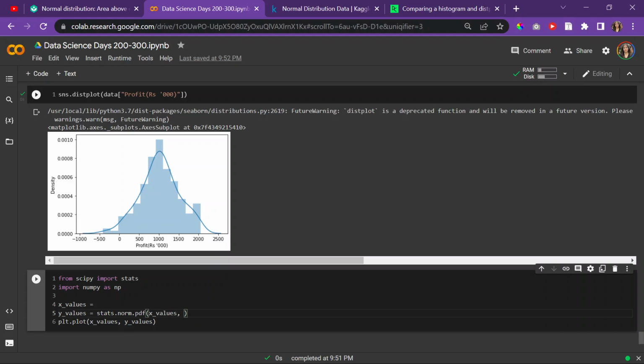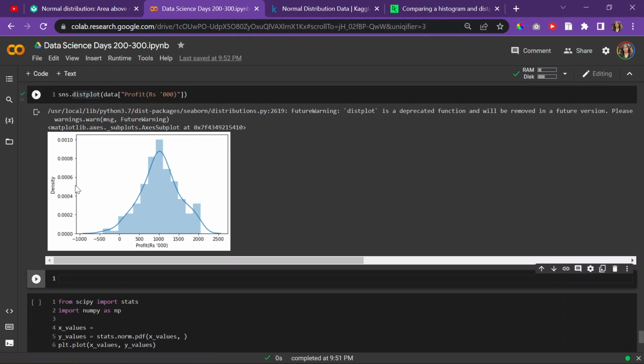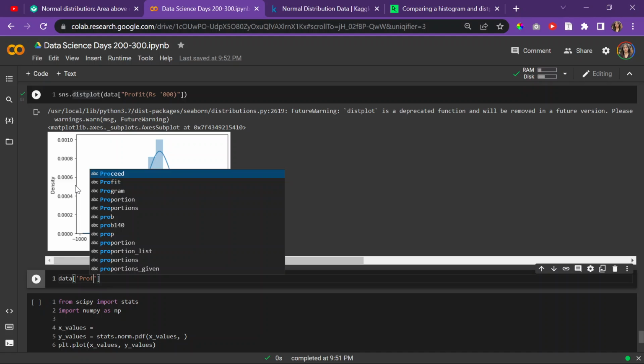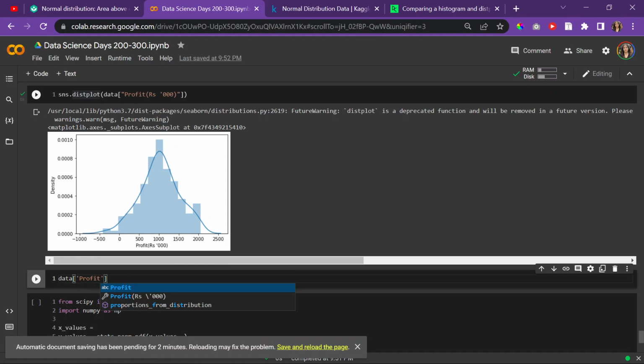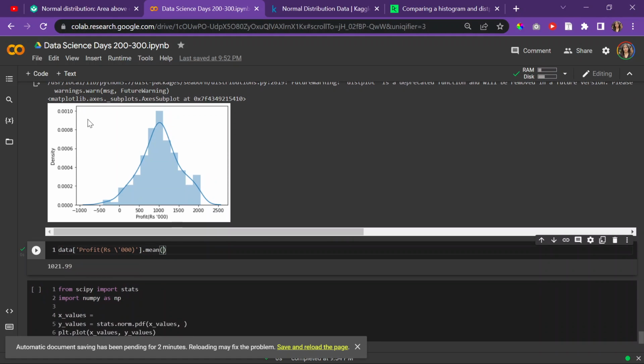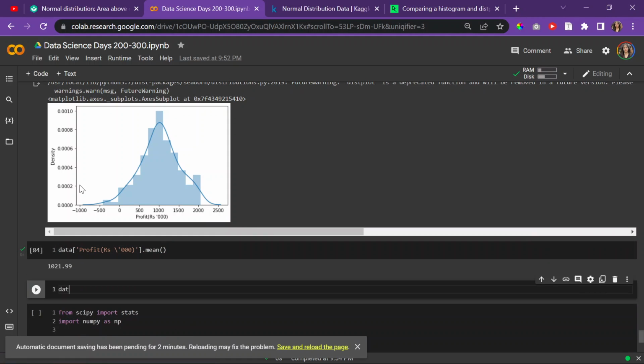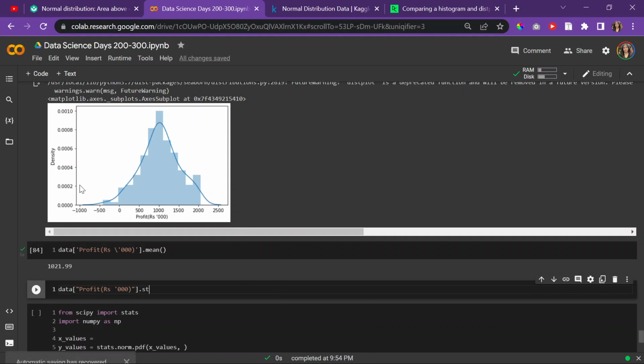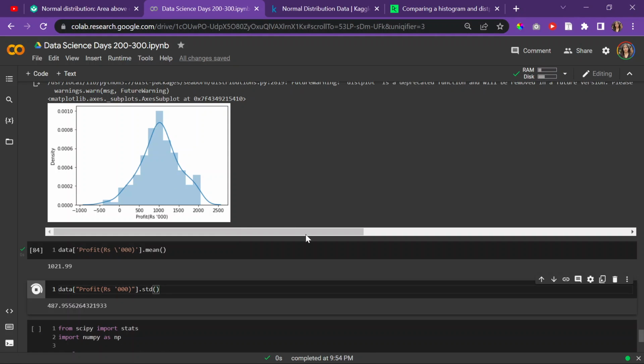But I can easily get that if I go over here and say data, profit, and click on mean. I can also easily get that if I do data, profit, and I do std, which stands for standard deviation.